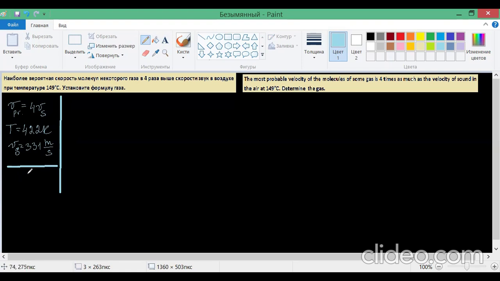How can we do that? The first thing which comes to my mind is that if we determine the molar mass, we are able to say which gas it is.